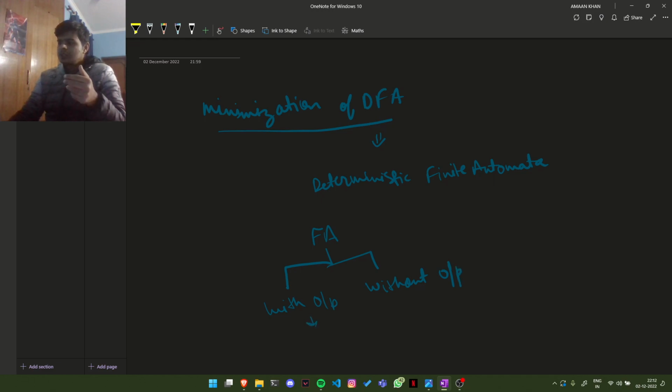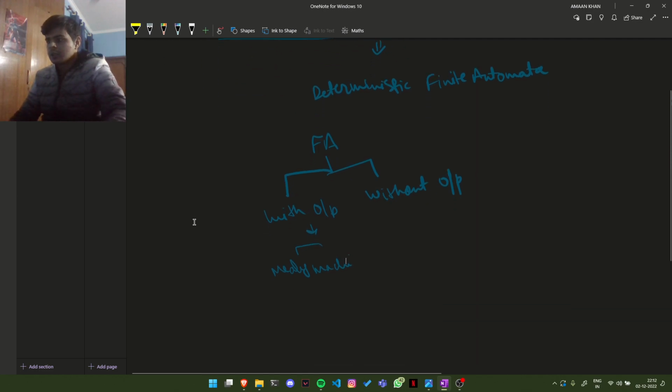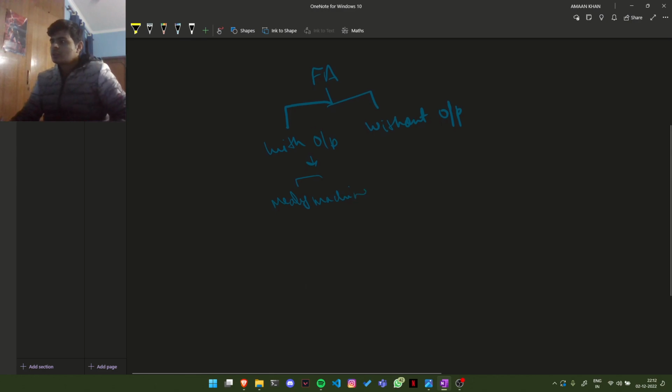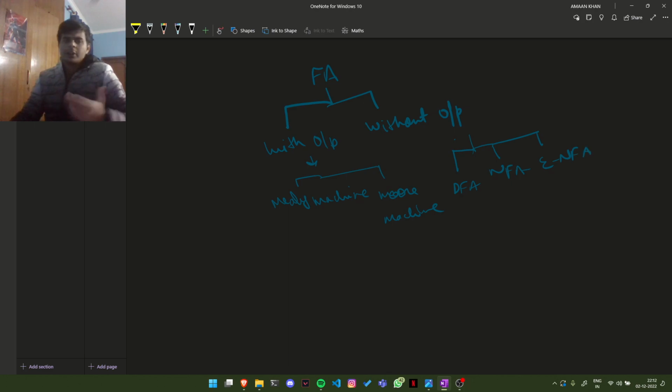In the with outputs category, we have two finite automata called a Mealy machine and a Moore machine. And without output, we have three types: DFA, NFA, and epsilon NFA, which is kind of useless, but still.